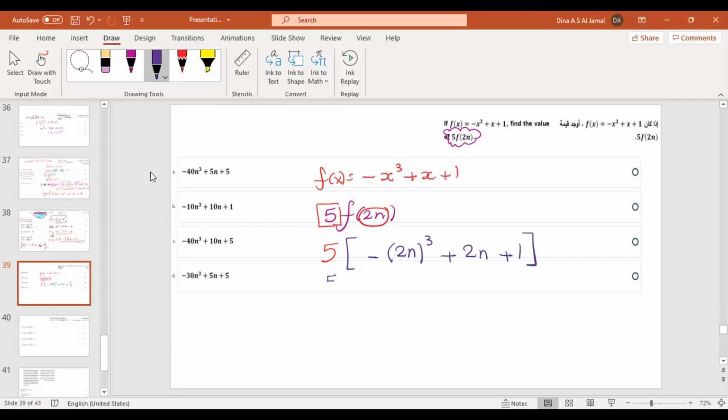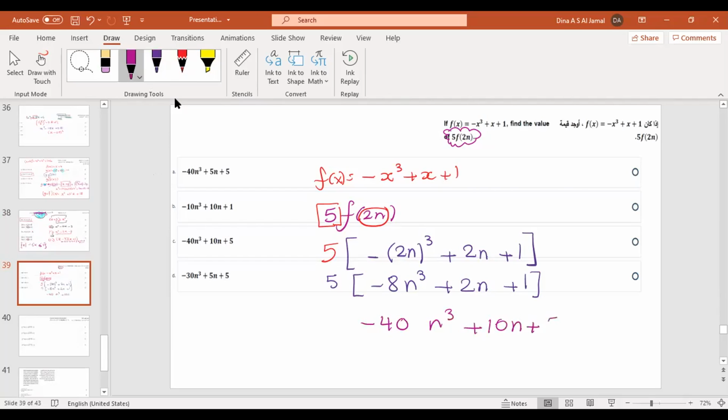Let's now write it again. It will be 5 times (minus 8n cubed plus 2n plus 1). Then distributive property, it will be minus 40n cubed plus 10n plus 5.